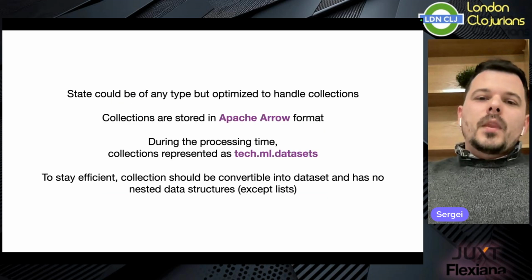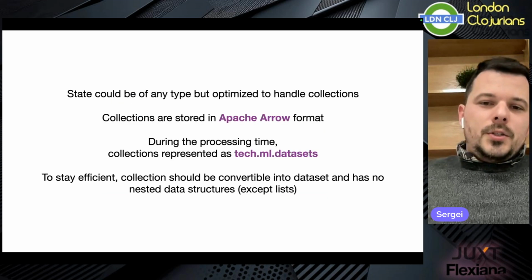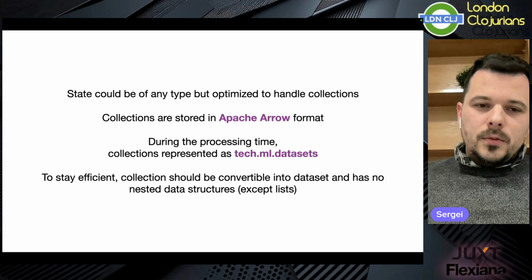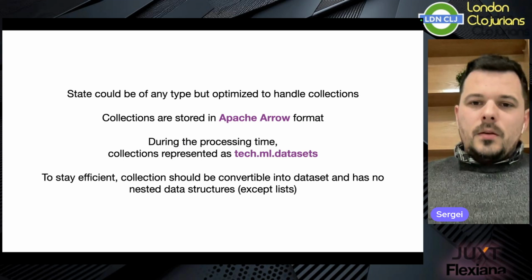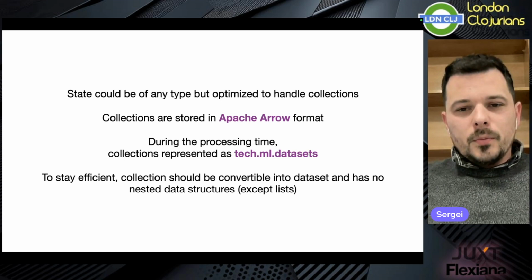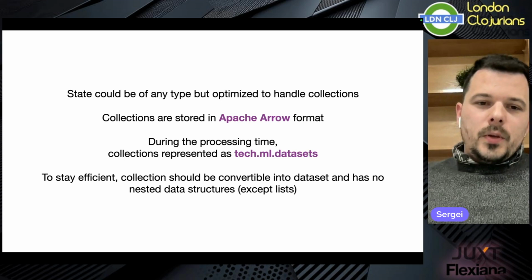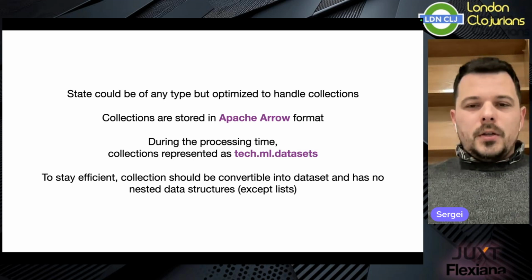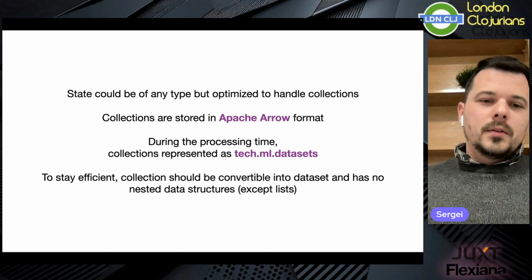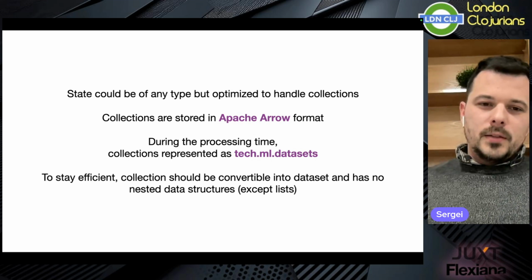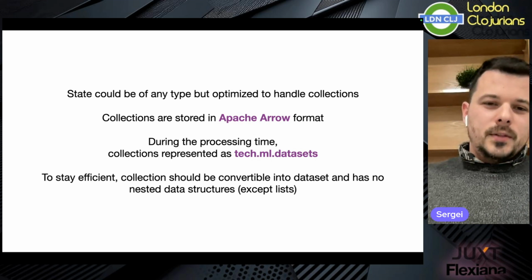So all state is stored under the hood in Apache Arrow format, and offloaded from the heap to the file system, using all the features from the TechML library here. In TechML, you can store the file in Apache Arrow format, and then use that file not by loading it into the heap, but by memory mapping the real file from the file system as if you had it in your memory.